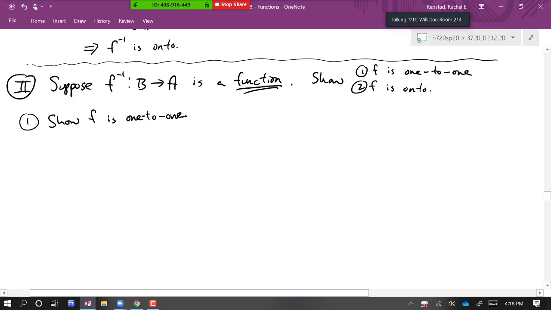How do we show that a function is one-to-one? If they yield the same answer, then one-to-one. If what yields the same answer? Function of an element in A. Well, it's not that we can only apply F to elements of A, right?